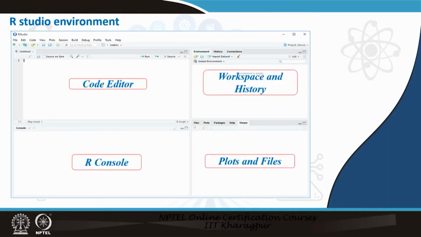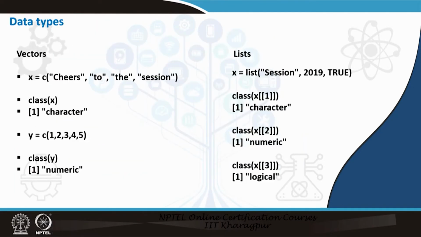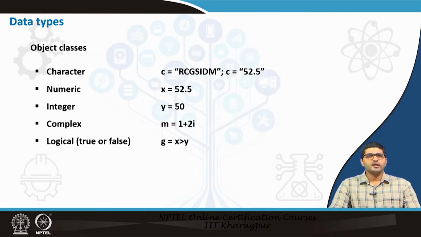So this is the code editor, as I have shown you in R software, and at the left top and right top are the workspace and the history. On the left side we can see the R console, and at the right bottom we can see plots and files. Now we will try to understand the different data types and objects present in R. First one is object classes.